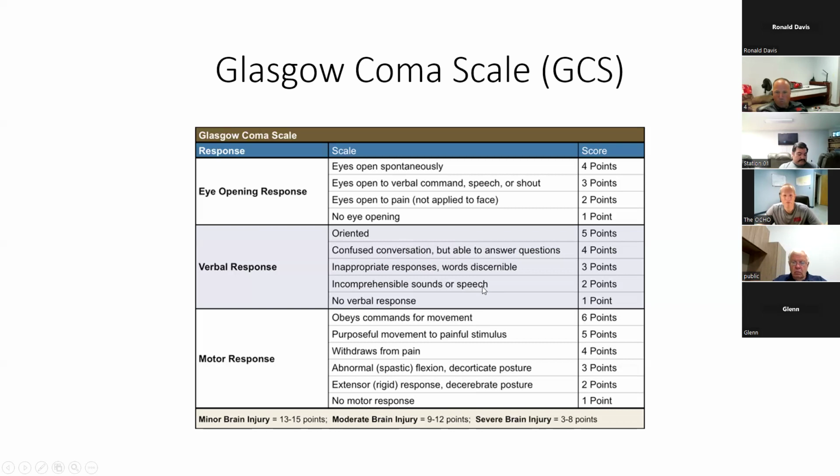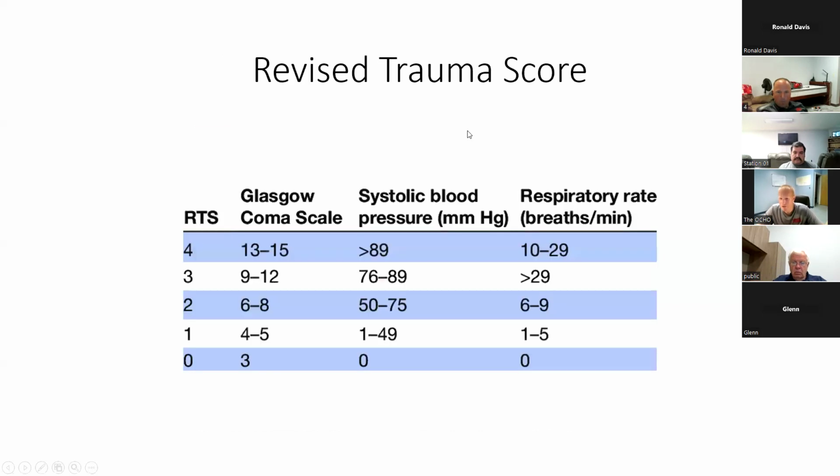All right, now we will move on to the revised trauma score, which is a predictor of whether the patient should go to a trauma center. It incorporates two additional measures. Building on the GCS, you have your numbers for the GCS.